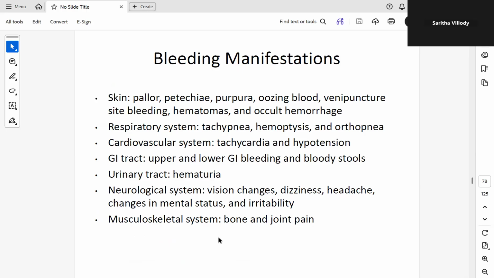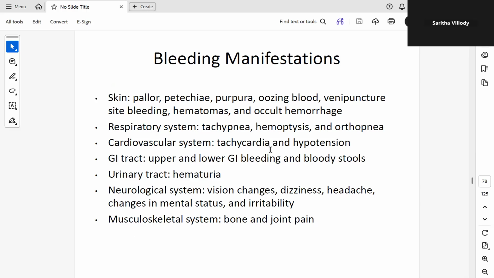That's what it means. Our goal is to identify the signs and symptoms as early as possible. So if your patient who is septic is developing pallor, petechiae, purpura, or they have oozing of blood, hematomas, something like that, you should clue in to see whether they are going into DIC. So that is our role.